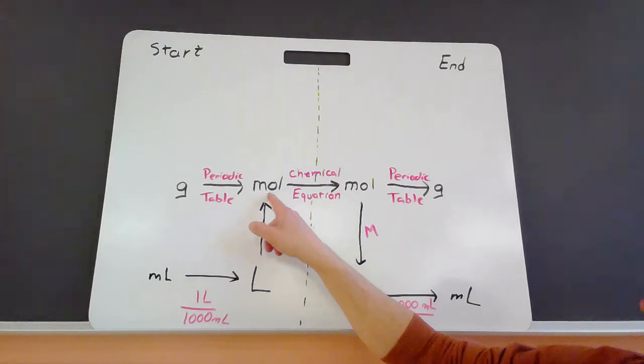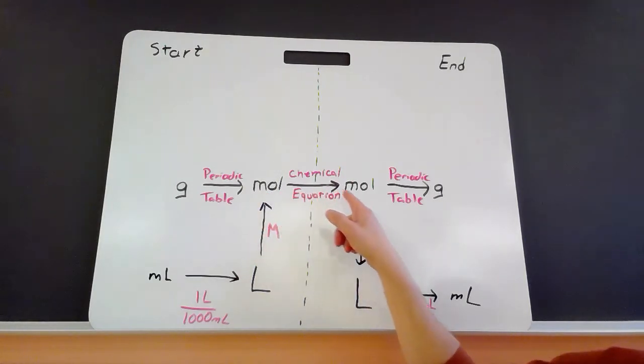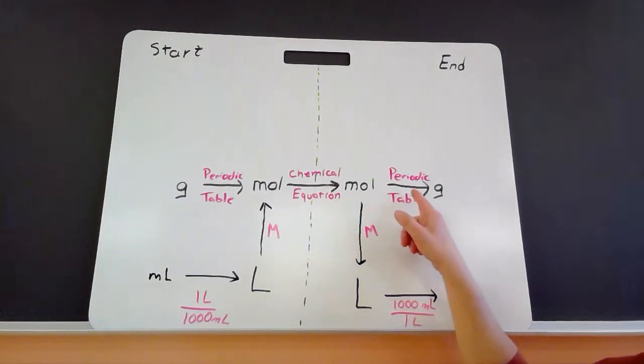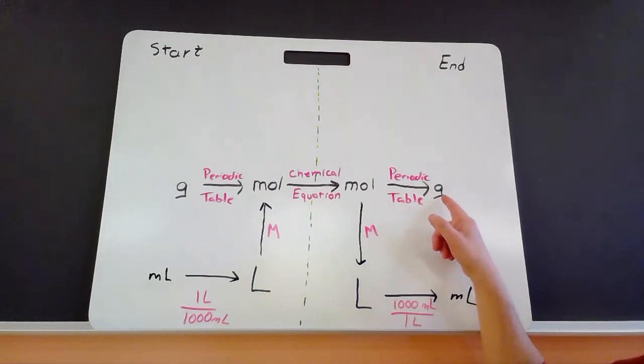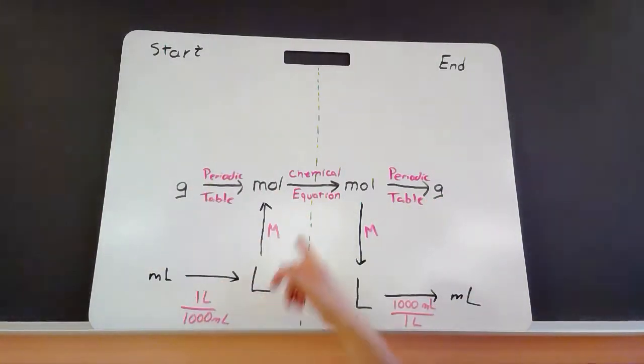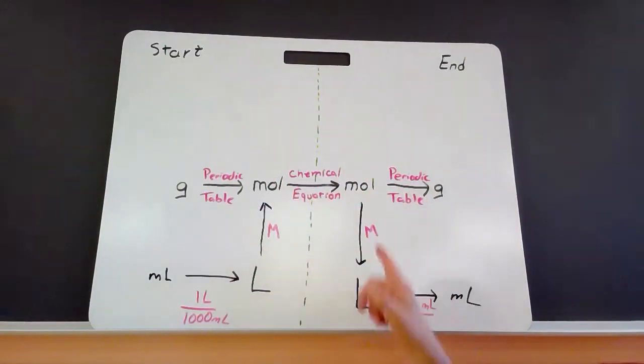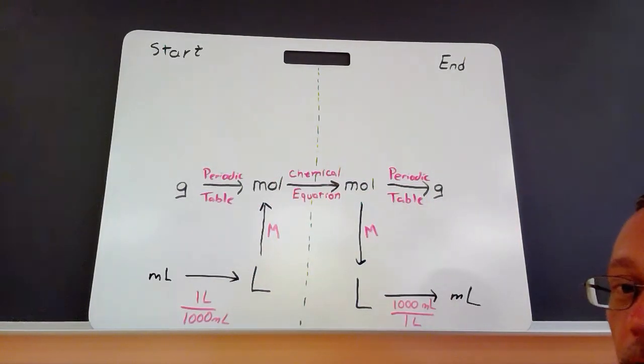My next fraction, I would use the chemical equation to get to moles of a different substance. And then since it asked me for grams, in my last fraction I'm going to use the periodic table, the molar mass, to get grams of the other substance. So no matter what you start with and what they asked you to find, you can follow the arrows on this map to set up each one of the fractions to get where you're going.